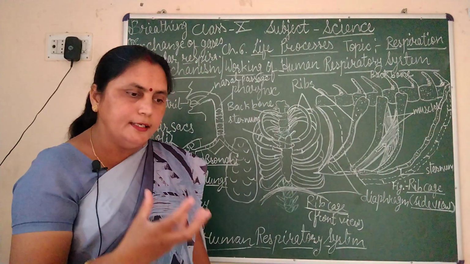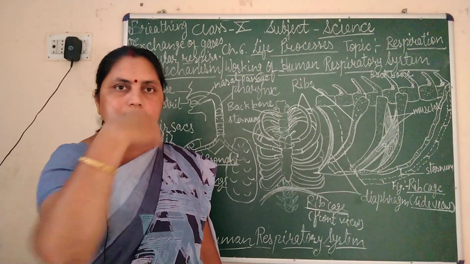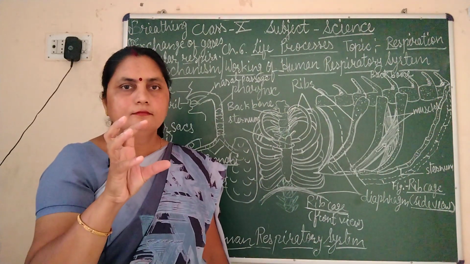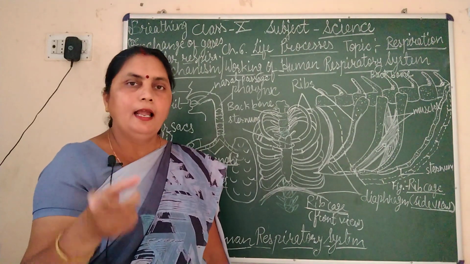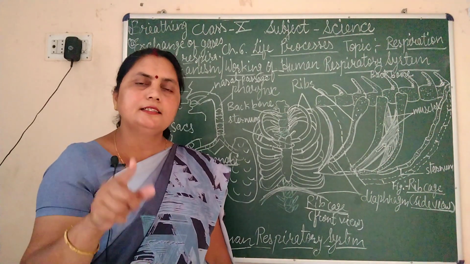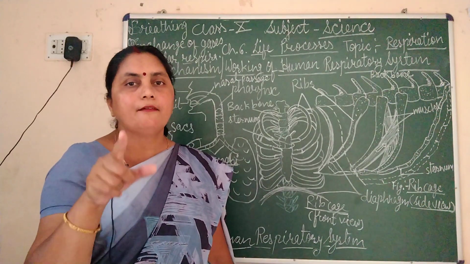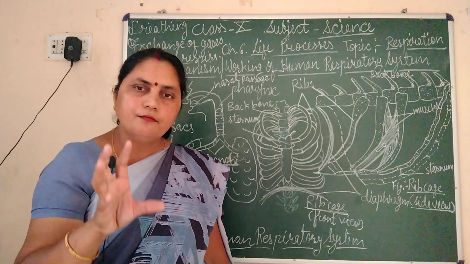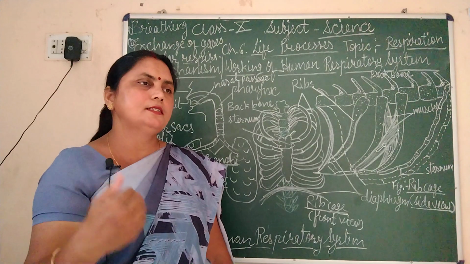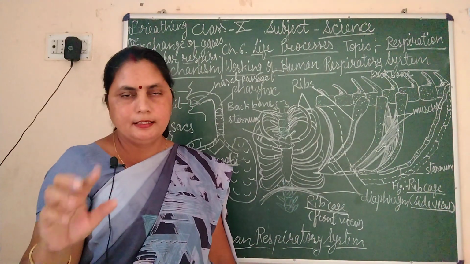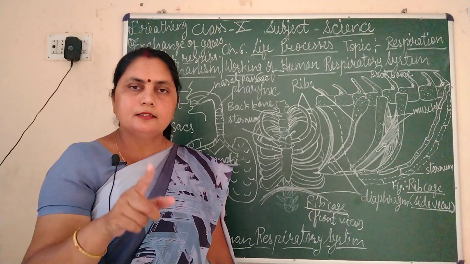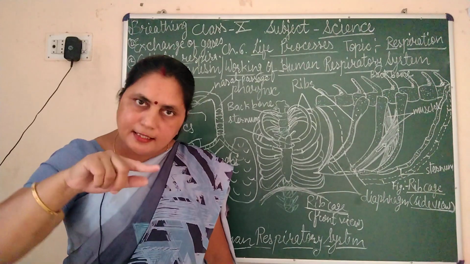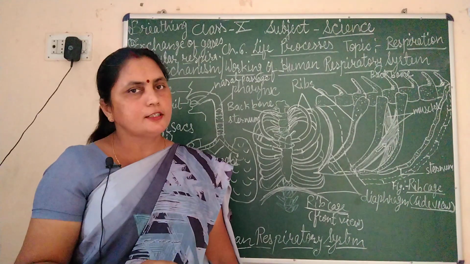So inside air sacs, the air which has come from outside has oxygen in more concentration, and the blood inside the blood capillaries has mostly carbon dioxide. So naturally, inside the blood capillaries the concentration of carbon dioxide is higher. Outside the blood capillaries, that is inside the air sac, the concentration of oxygen is higher.